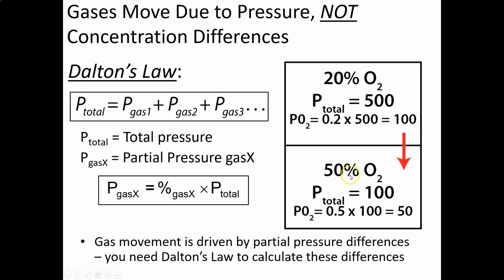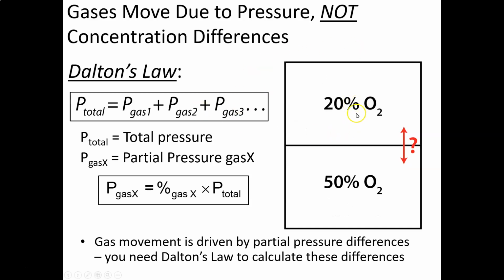Even though the percentage is 2.5 times higher in the bottom, because the partial pressure is what drives gas, not percentage of gas. So the proper answer, if I asked you which way will it go, is: I don't know, I need more information. I need to know what the partial pressure of each gas is in order to determine which way we're going to diffuse.